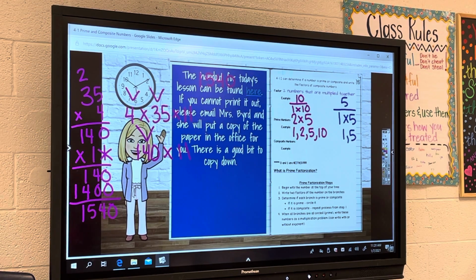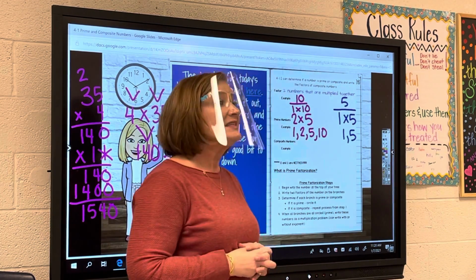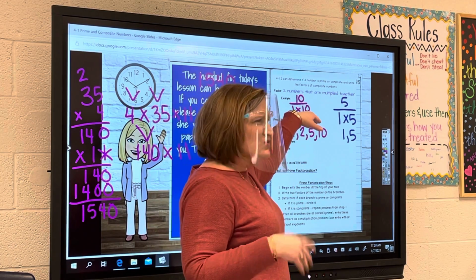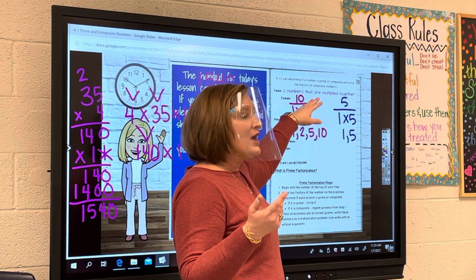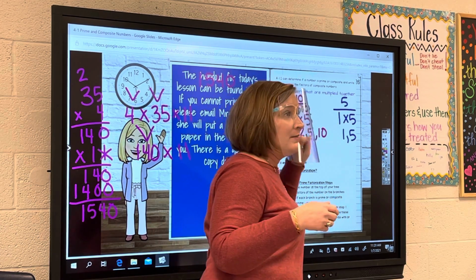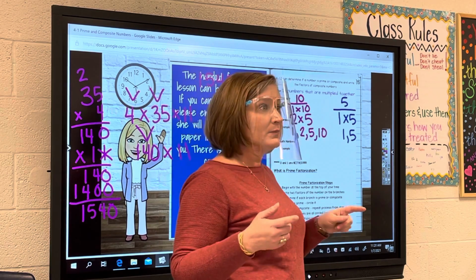So which number up here would be composite? Would it be 10 or would it be 5? 10, because I can multiply more than just 1 and 10. So if it's not composite, 5 must be what? Prime.